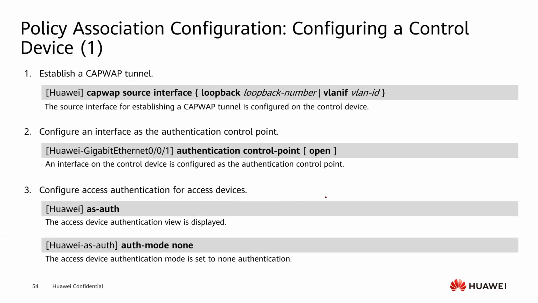For the control devices, you need to establish the web terminal as well, and then configure it as the control point. And for the control point, you need to associate with the valid access devices, right?